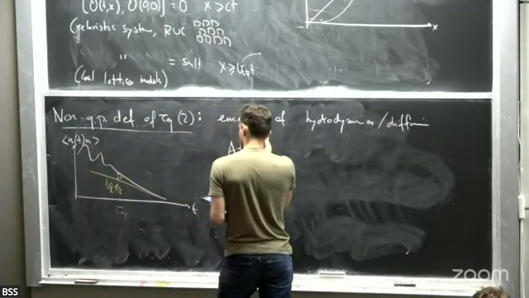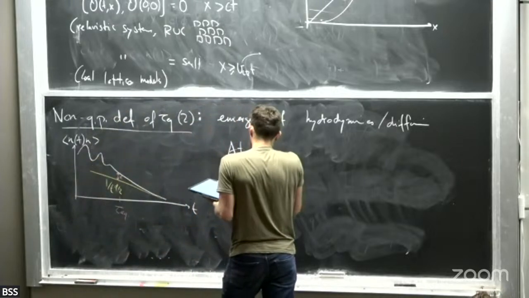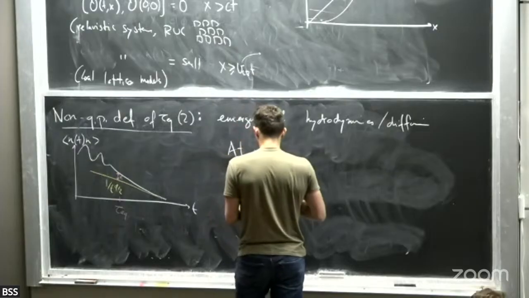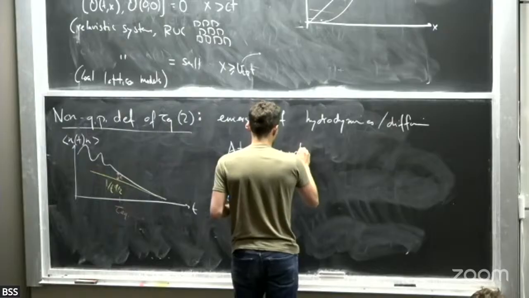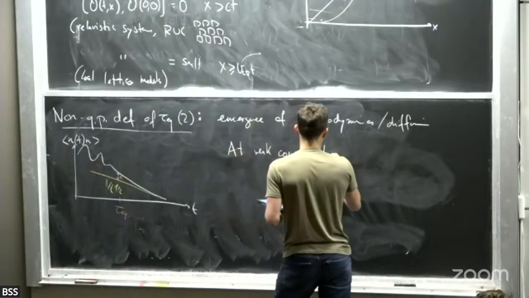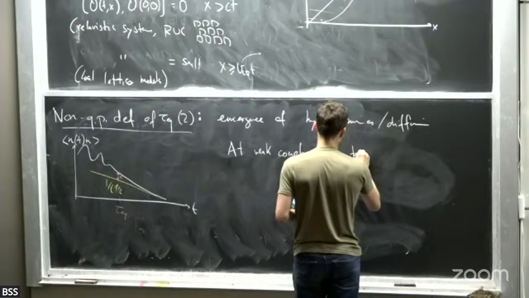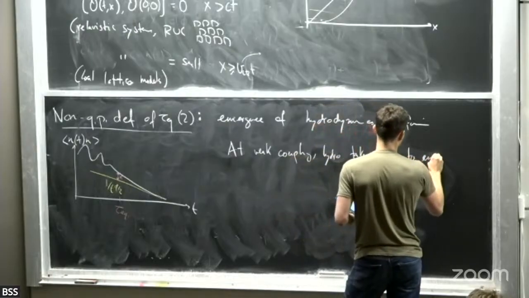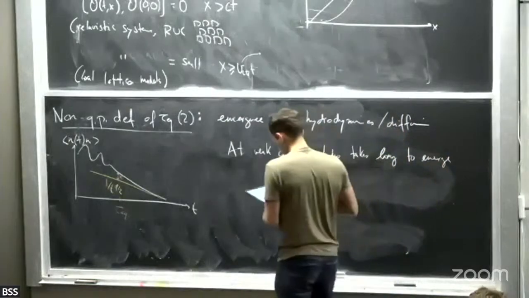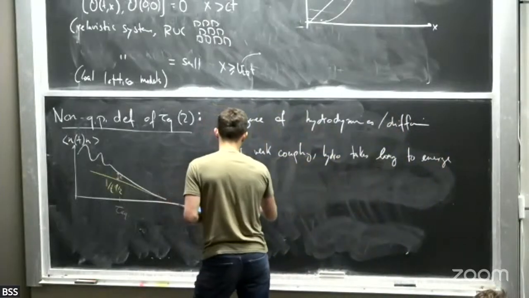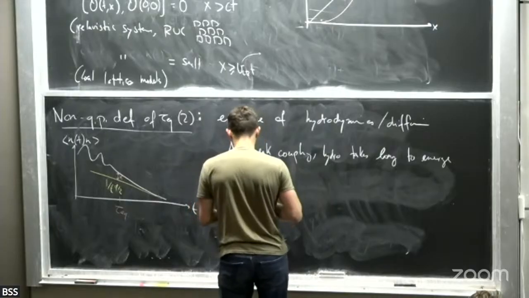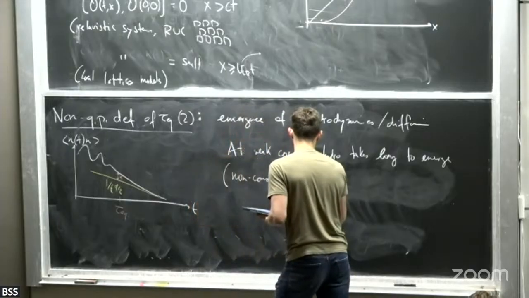And this definition, you can apply it to any system, any local system. It has exactly the properties that we have been talking about. At weak coupling, hydro takes a long time to emerge, because you need to wait for all non-conserved quantities, quasi-particles and so on, non-conserved excitations, to decay.